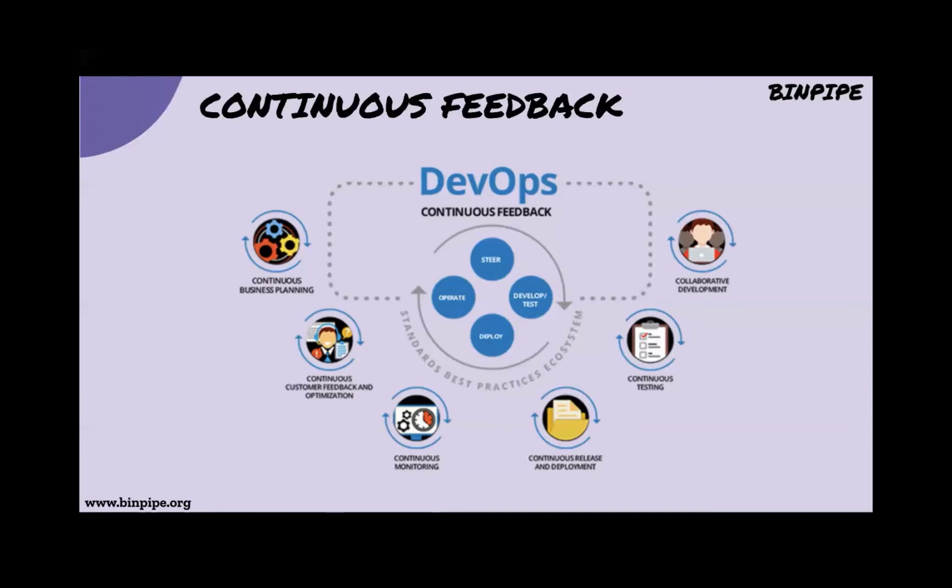But as soon as they save the code and push it into the repository, when DevOps is implemented, we have certain scripts that trigger off and start building that code. And once the code is built, it creates an archive. Like in case of Java code, it would build a Java archive.